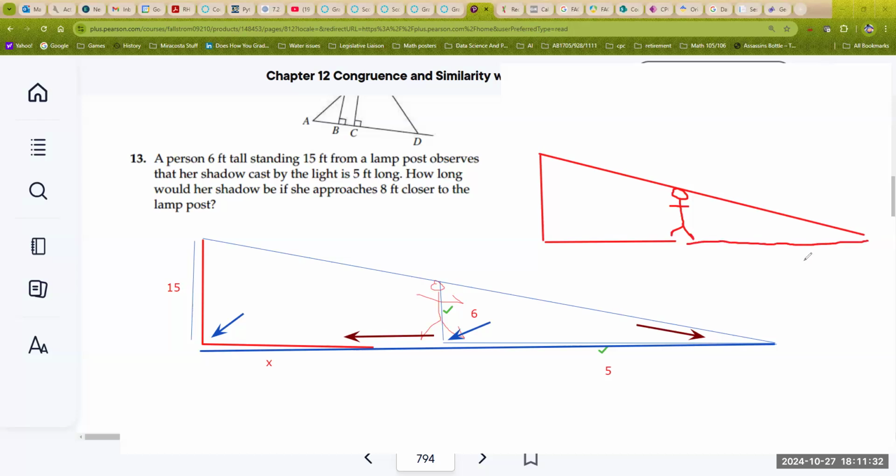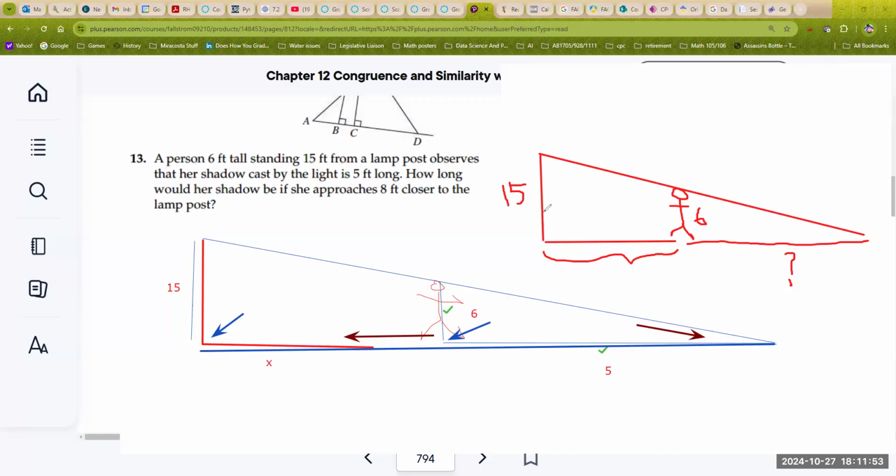Okay, and the question is, how long is this? And remember, you will know this distance because she moved 8 feet closer, right? So you'll know this distance, and you'll know the 15 and you'll know this is 6.